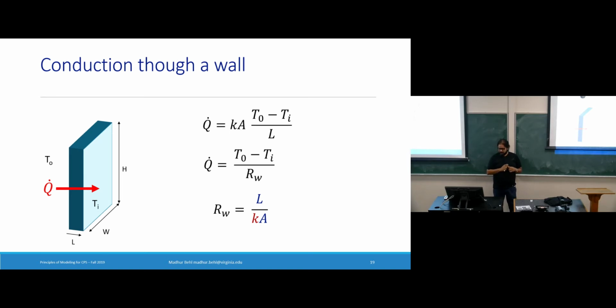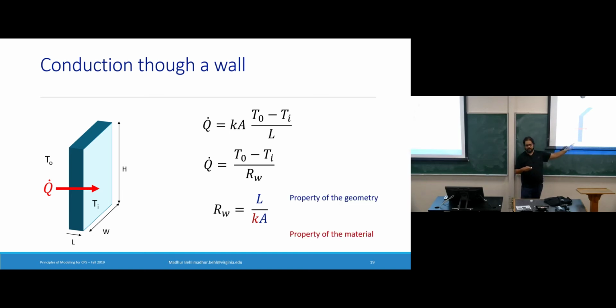But there's a reason why I define this term RW. I claim that you can interpret this quantity, which is a function of both the geometry of the wall and the thermal property of the material of the wall, as the resistance of the wall, the resistance through conduction of the wall.